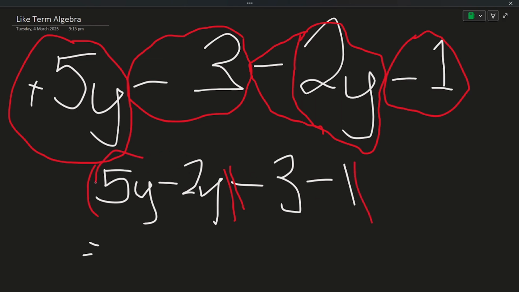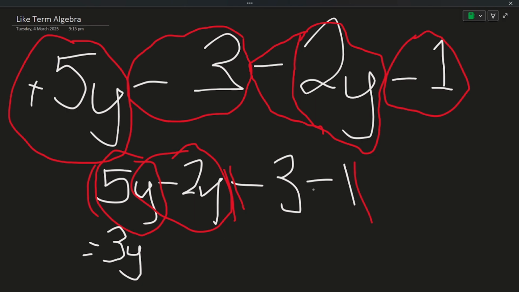5y minus 2y. This should be equal to 3y. Oh, my fault. It's equal to 3y. Negative 3 minus 1.